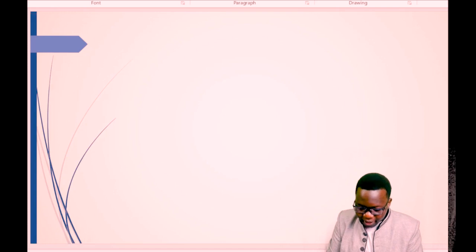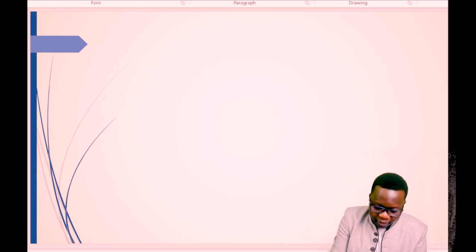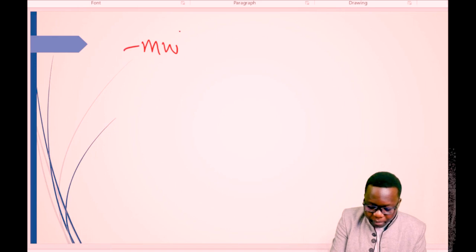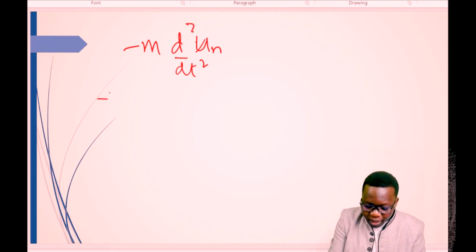When you look at that, you must be able to see that the side that had minus m omega squared, before we do that, we had d squared u n by dt squared. This part here is what gives us minus m omega squared.